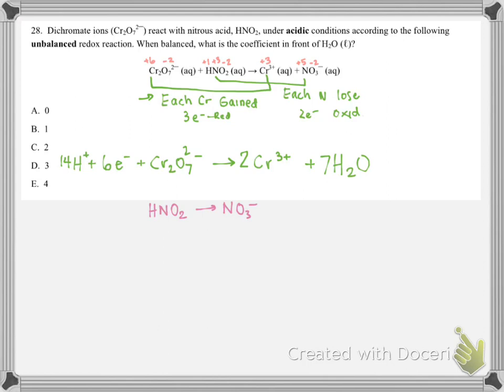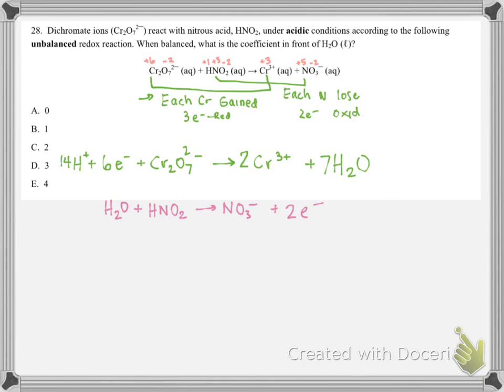So the number of nitrogens are the same on the bottom. And we know each nitrogen is going to lose 2 electrons from the oxidation numbers. So we just have 1, so we'll lose 2 electrons. So I need to take care of my oxygens by adding a water to the left side.